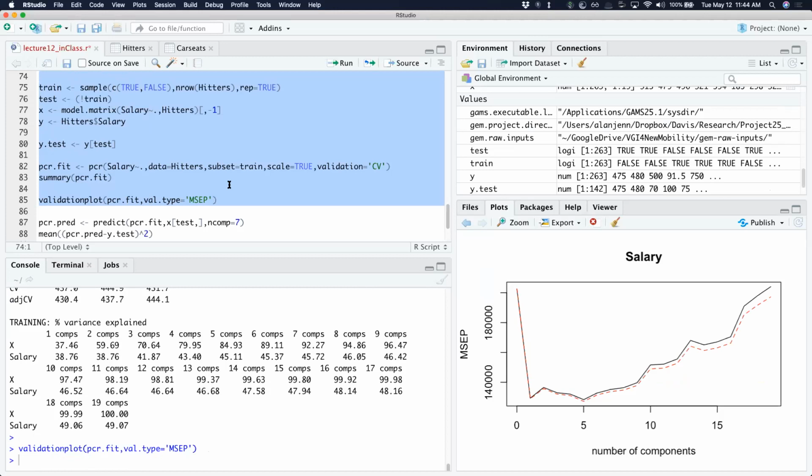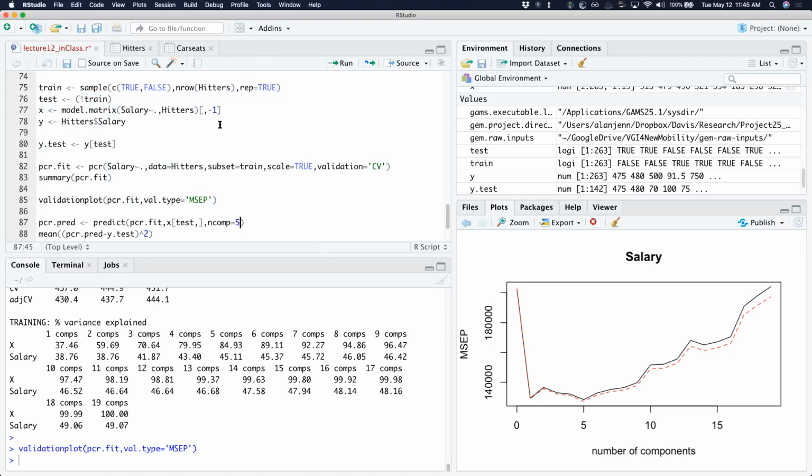In this particular case, I might look at this graph and say the lowest mean squared error in this sample run is having 5 components. So ignore the fact that there's a lot of variation in this particular example. If you're dealing with that issue, you would probably want to change the way you're doing your validation.